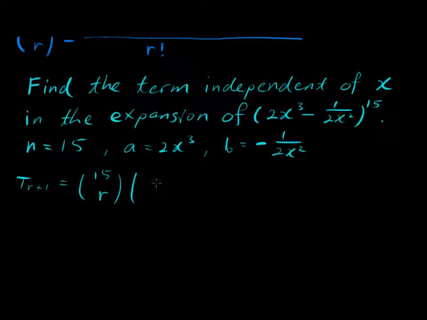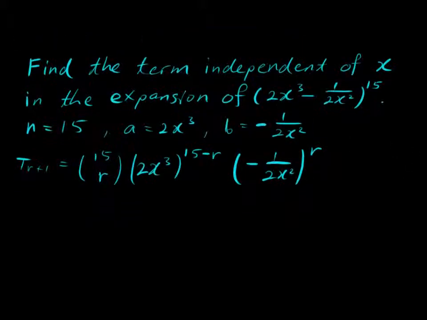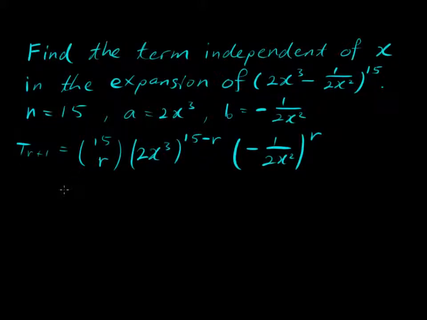Then we substitute the value of a, which is 2x³, and the entire term to a power of 15 − r. And then we have −1/(2x²) to a power of r.